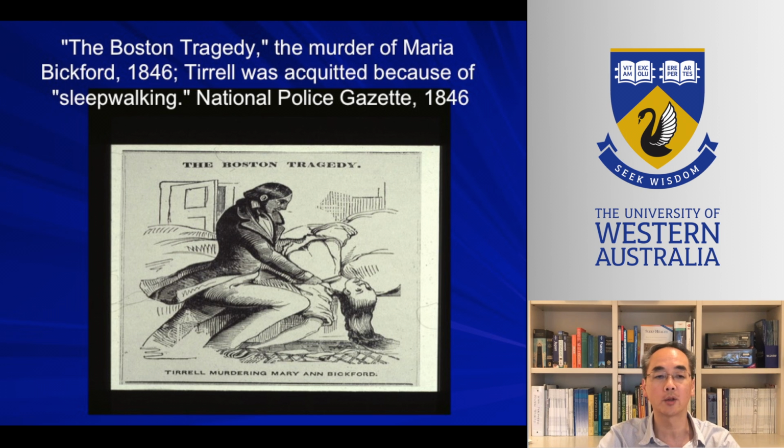Well, on October 27, 1845, Tyrrell was seen to have visited Bickford's bedroom in the brothel after her last customer had left, and, using a razor, slit her throat from ear to ear. He also allegedly set 3 fires in the brothel, which awakened the owner, who discovered the body of Bickford and called the police. Tyrrell fled to New Orleans, but he was arrested in December and returned to Boston for trial.